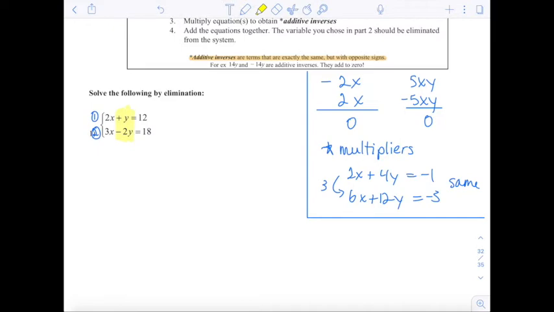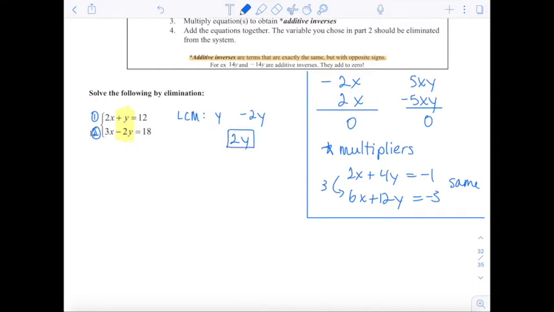I could very easily eliminate x, but y is a slightly better choice in this situation. Why? Because the first thing I want to do is figure out the lowest common multiple between y and negative 2y, because I want to come up with the additive inverse of y. I can see pretty clearly that the LCM here is 2y.